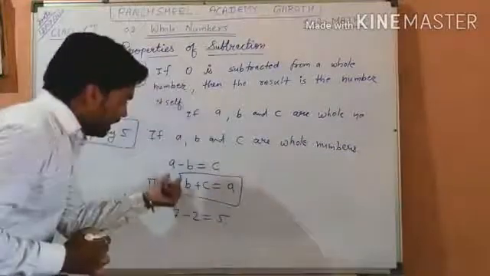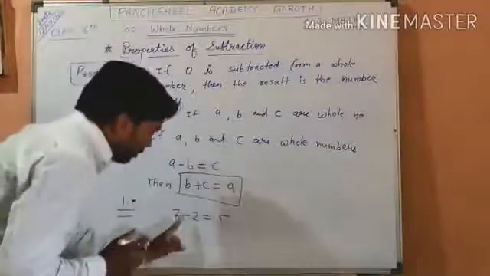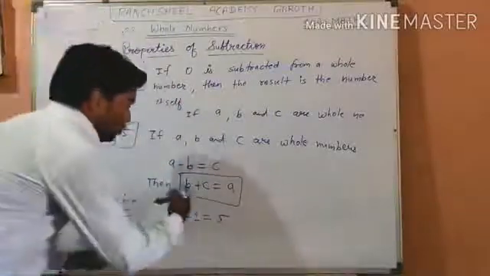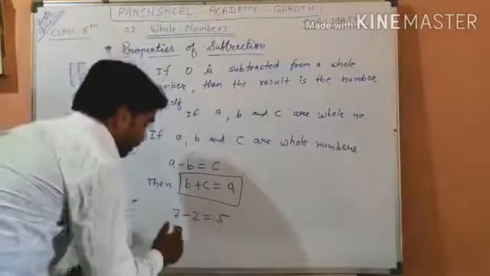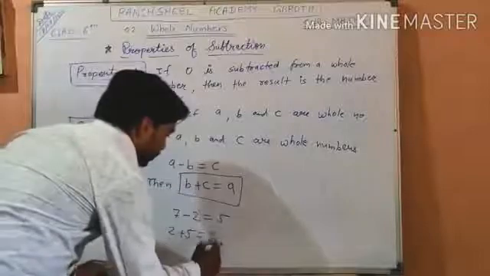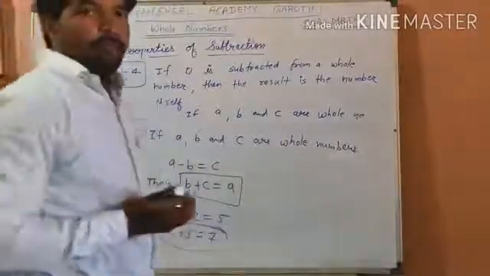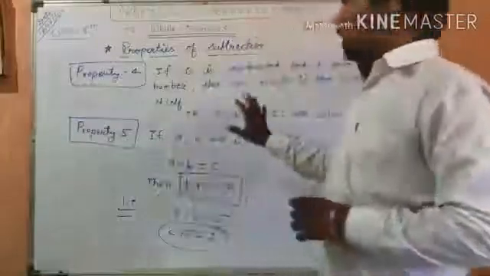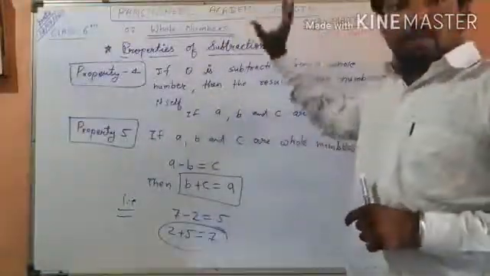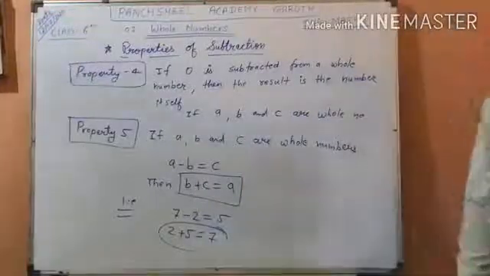So 7 is A, 2 is B, 5 is C. So 2 plus 5 equals 7. Got it? So this is property 5. In this way we have completed the properties of addition and subtraction. Okay, in this chapter you have to write it.